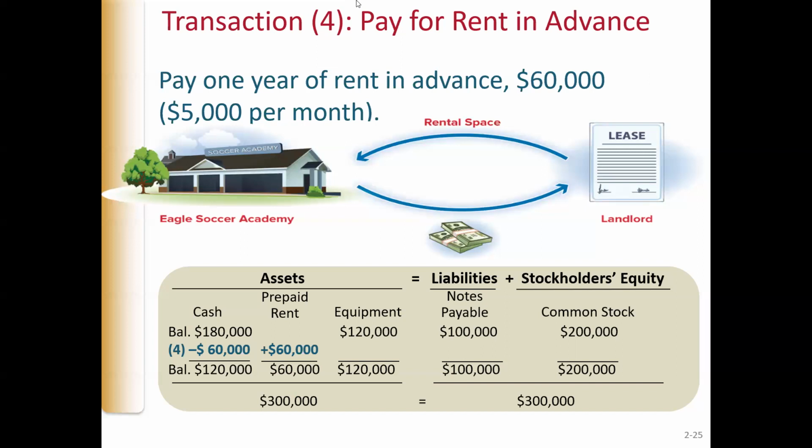The reason this prepaid rent is a future benefit is we're paying now for the benefit of renting this building for a year, for 12 months. It becomes an expense when we've used it up. But you see, we haven't used it up yet. We still have the benefit of renting this for 12 months. That's why it's an asset.